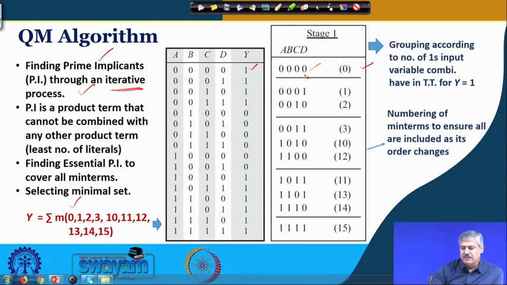Okay. So, next we form another group with those mean terms where the inputs are having only one 1 in their combination. So, 0 0 0 1 is present. So, this is there, 0 0 1 0. So, it is there. The other input combination where there is only one 1 is 0 1 0 0, that is 4, but 4 is not a mean term in this example.